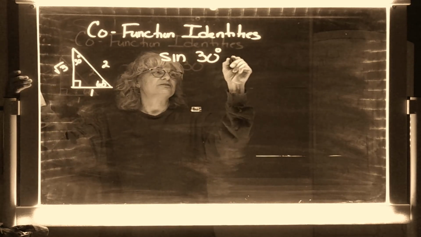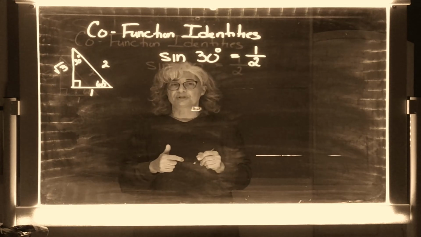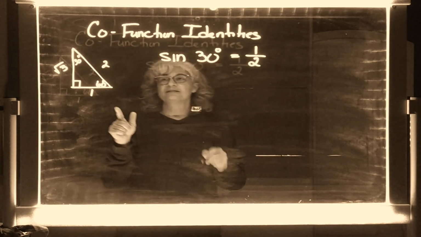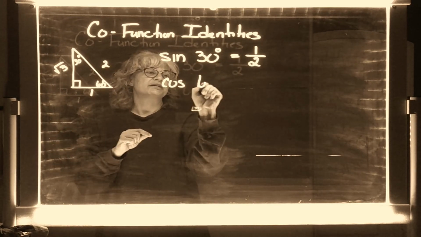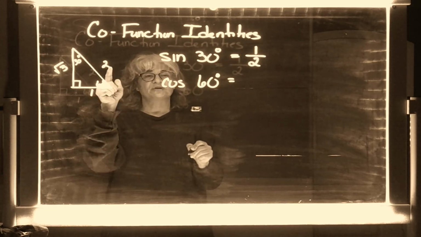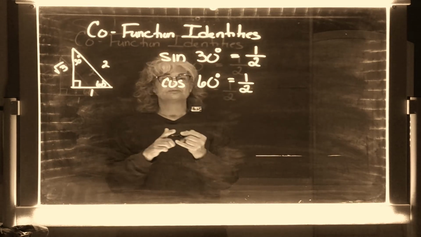Well, if I take a look at that, opposite over hypotenuse would give me 1/2, wouldn't it? Good. I'd also like to look at the cosine of the 60 degree angle. And cosine is equal to adjacent over hypotenuse, isn't it? Which would give me 1/2.